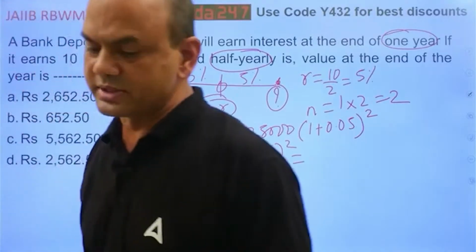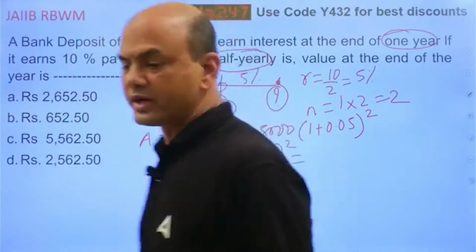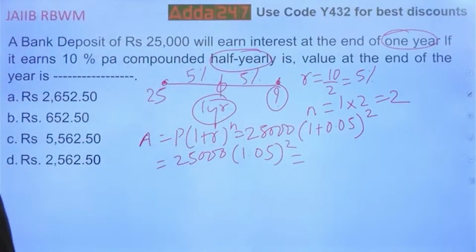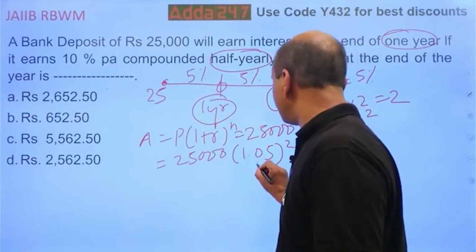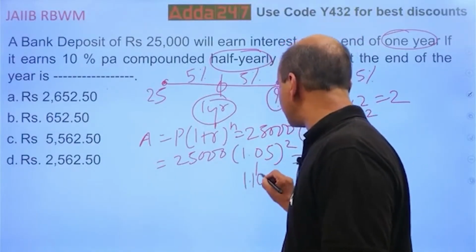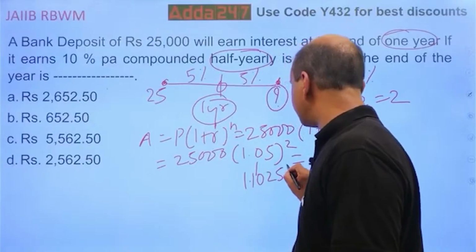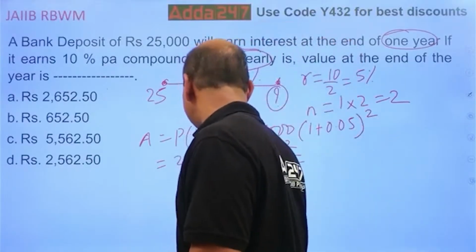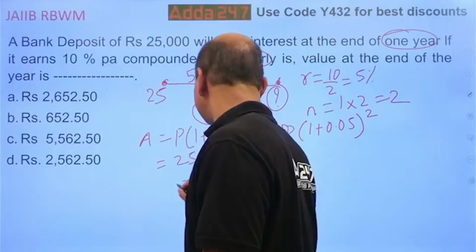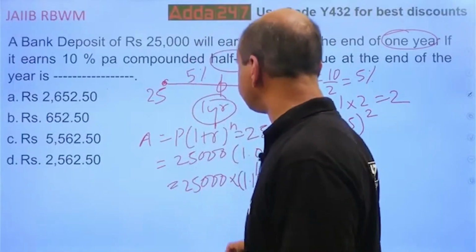What is the answer for this? It is 1.1025. This is your answer for this, multiplied with 25,000. Now get the answer.